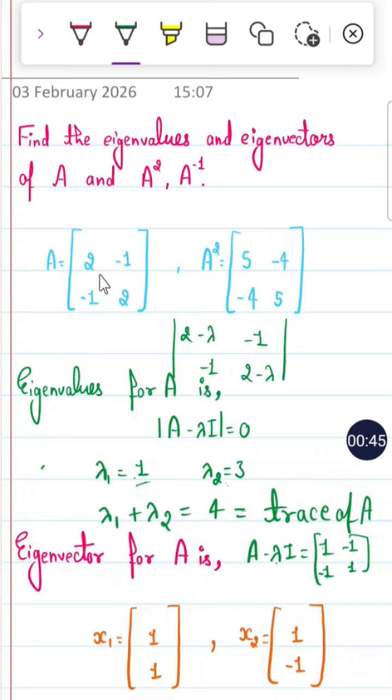So it is proved, since the trace of A is 4 and the sum of the eigenvalues is also 4. The determinant is 2 times 2 minus 1, which is 3. So the product of the eigenvalues gives the determinant of the matrix, and the sum of the eigenvalues gives the trace of A.